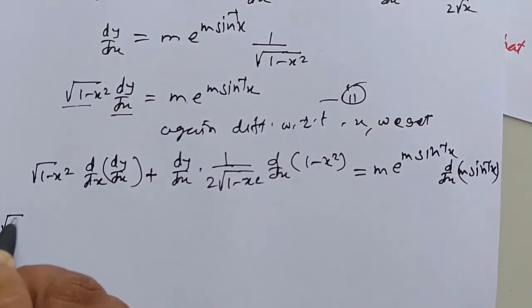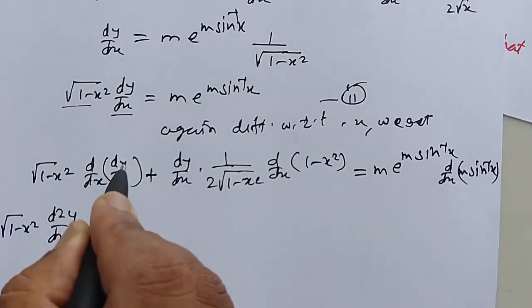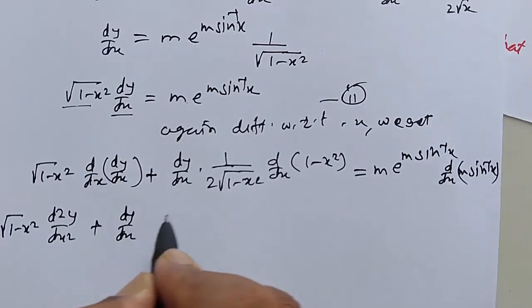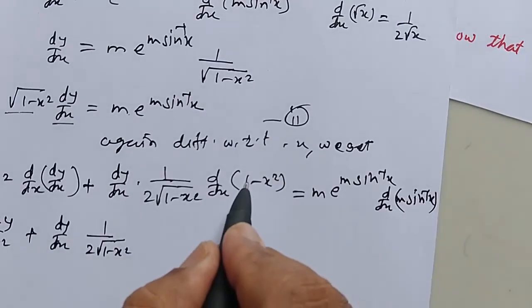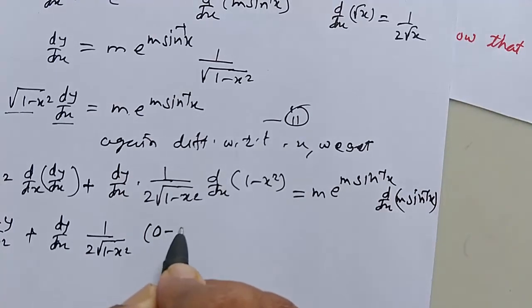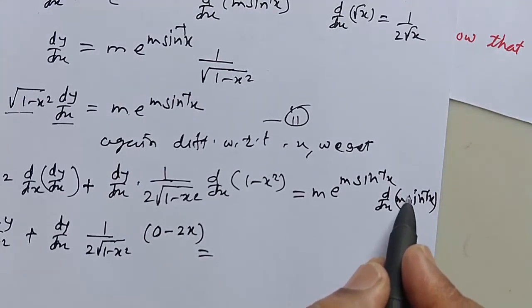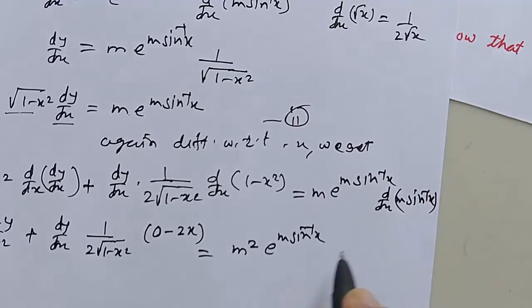Therefore, under root of 1 minus x square d2y by dx square plus dy by dx times 1 upon 2 under root of 1 minus x square, derivative of 1 is 0, derivative of x square is 2x, is equal to m times the derivative of sin inverse x.